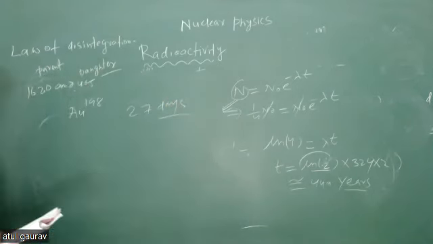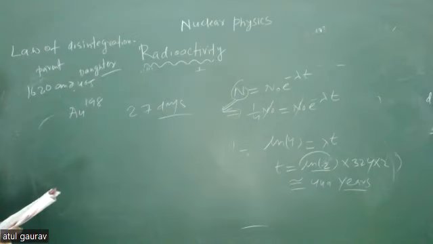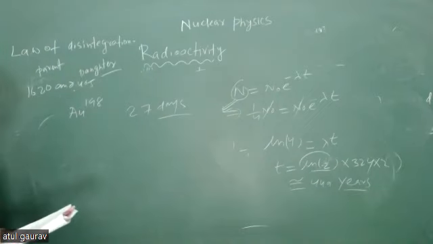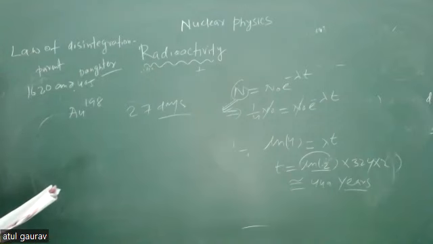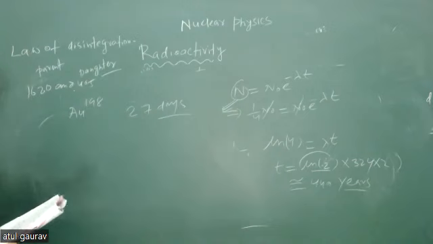Second, B. What is the probability that Au 198 nuclei will decay in 1 second? What is the probability that gold nuclei will decay in 1 second?